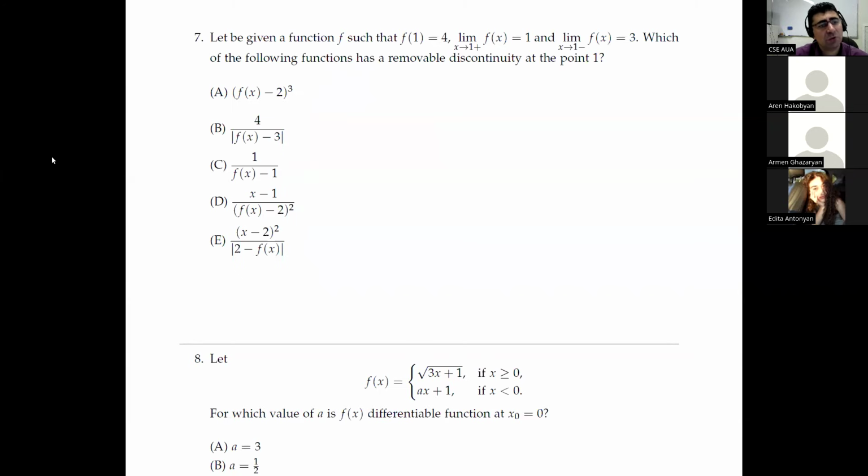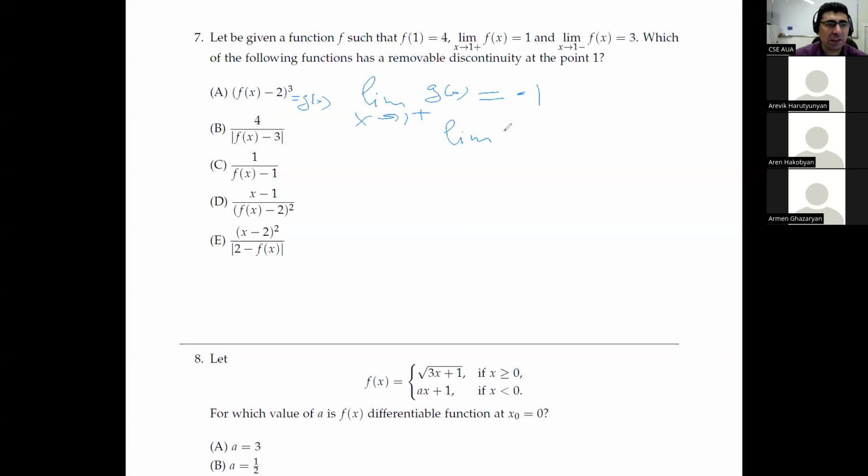Let's do the calculations, beginning with A. What can we say about the limit from the right side? Let's write this. g(x) is f(x) minus 2, cubed. From the right side, f tends to 1. We'll get 1 minus 2, minus 1 cubed, so minus 1.